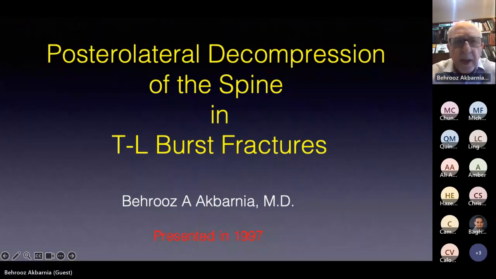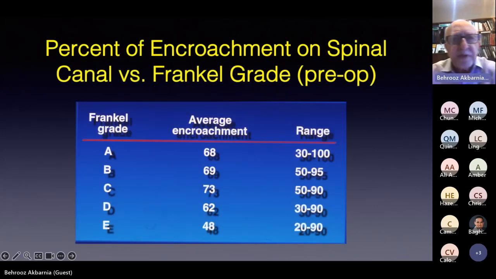If you look at the burst fractures and look at the Frankel grade versus encroachment of the canal, you may be using other methods rather than Frankel, but Frankel was very common. We used it a lot, from A to E, where E is the intact patient and A is the complete. You can look at the range of encroachment.